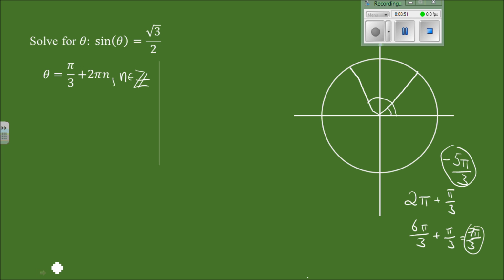Okay, now not only is there this family of solutions, but there's also where theta equals 2 pi by 3, and that's this one. Now this is not included in these solutions that we've already found, because there's no way that you can take a full turn and get, starting here, to here. It's just not possible.